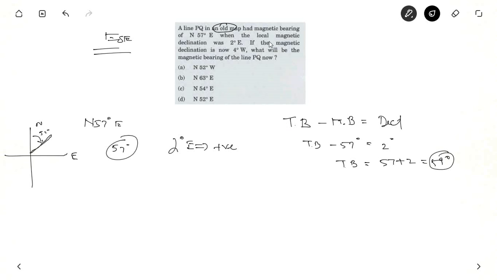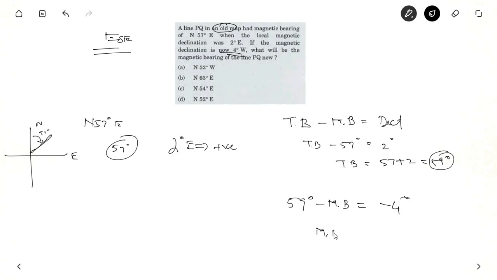Now they are telling that the magnetic declination has become 4 degrees west. So what will be the magnetic bearing of the line? Now we know the true bearing of the line 59 degree minus magnetic bearing equal to declination. It is minus 4 degree because it is in west.